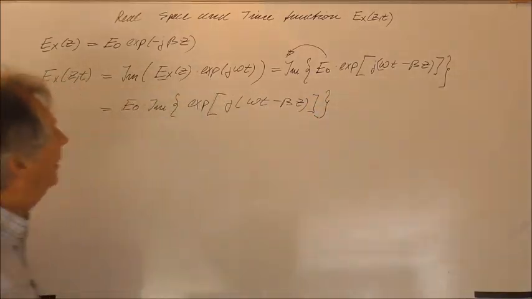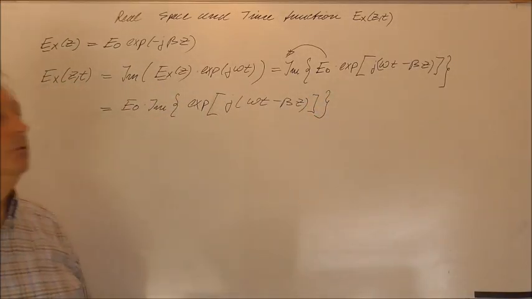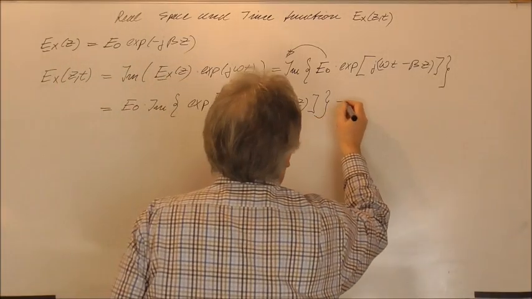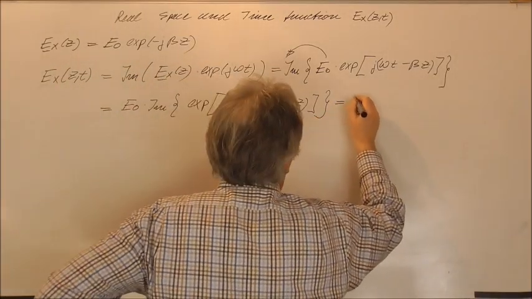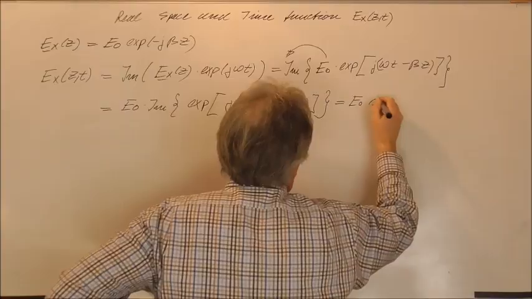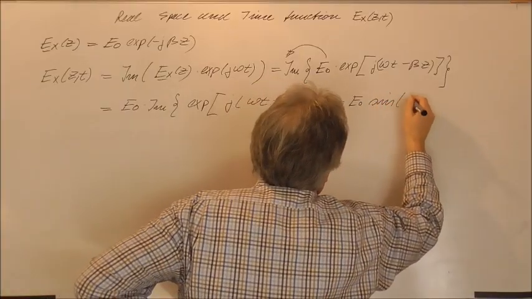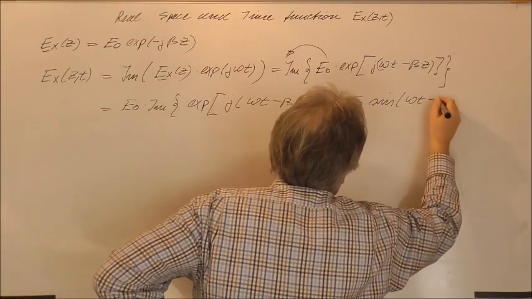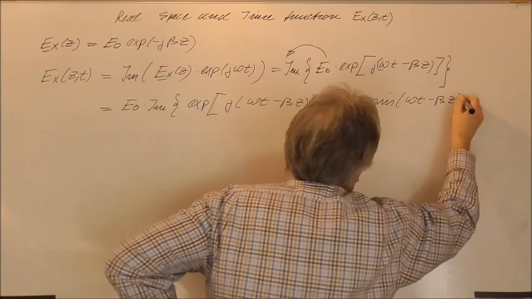And we know that this is identical to the sine function, so this is E naught times sine of omega t minus beta times z.